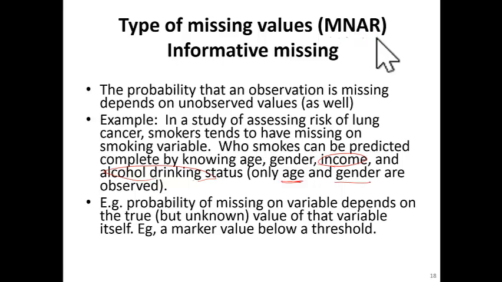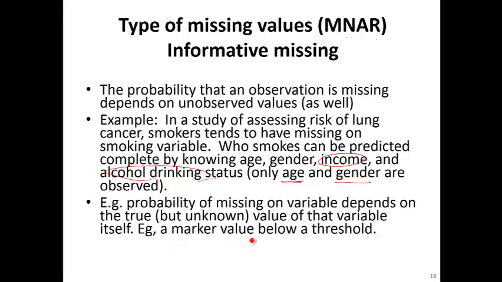Another example of missing not at random is when the probability of missing on a variable depends on the true value of that variable. For example, a marker value below a threshold. If the marker value is less than a threshold and we don't observe it, the missingness completely depends on the missing value itself.